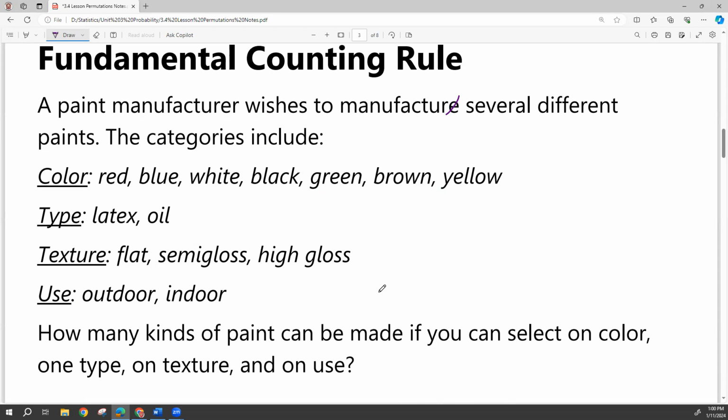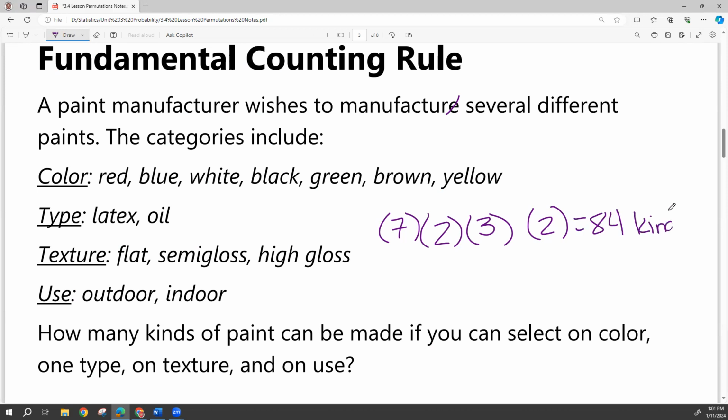So if we want to find all the possible paints that we can make, we take our 7 colors, our 2 types, our 3 textures, and our 2 different uses, and we can multiply all those together. And so we have 84 kinds of paint that we can make.